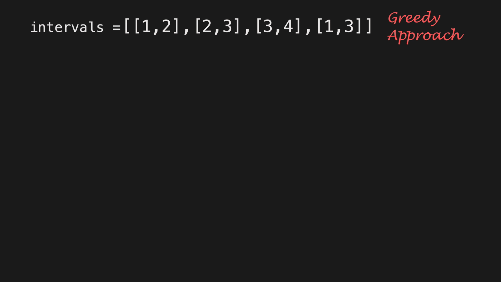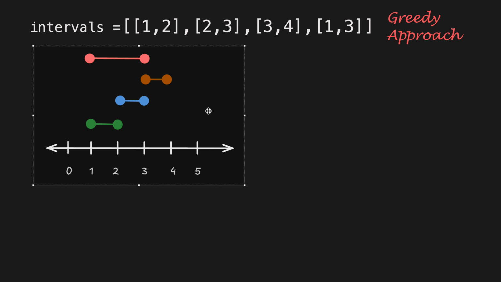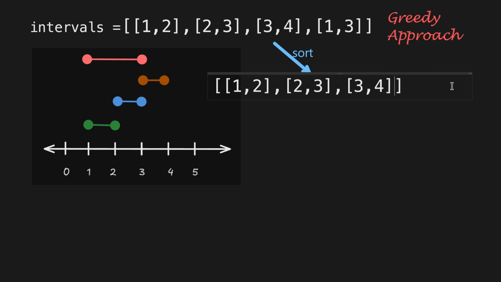Generally, in interval problems, it is a good idea to visualize them. And notice here that the intervals have some sort of order. So programmatically, we can sort these intervals by their start times or their end times. Let's try sorting by the start times and label these intervals as A, B, C and D. Now we can see that the intervals are in order, and notice that the overlapping intervals are next to each other.